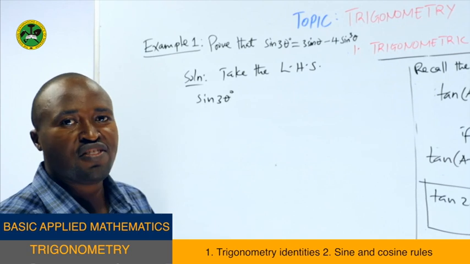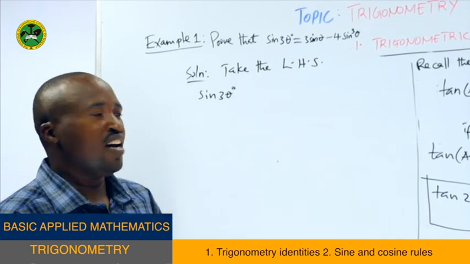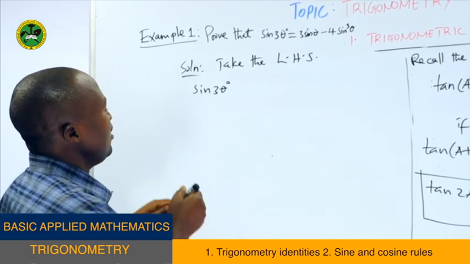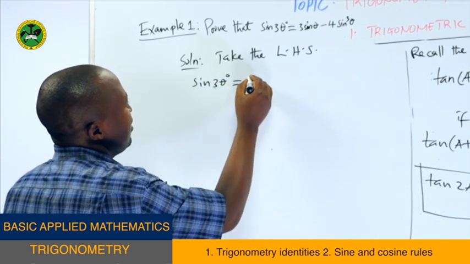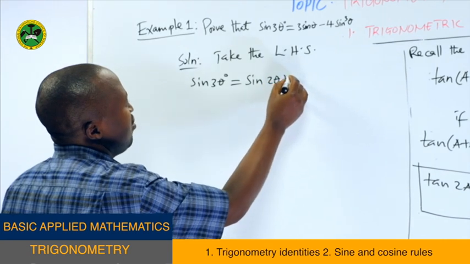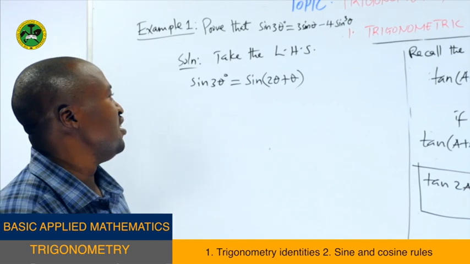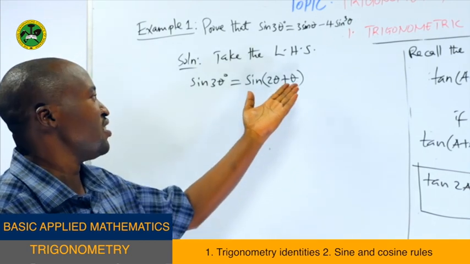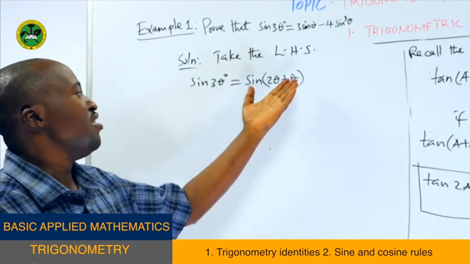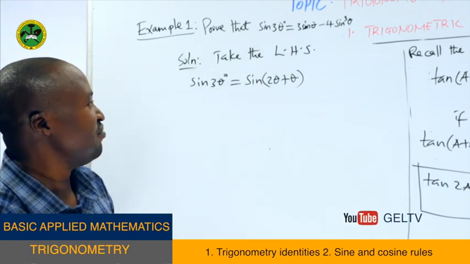In our left-hand side, we have sine 3 theta. Now, sine 3 theta can be written as sine 2 theta plus theta, because 2 theta plus theta is the same as 3 theta.